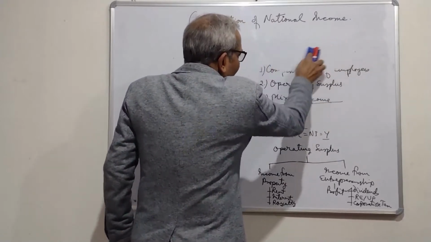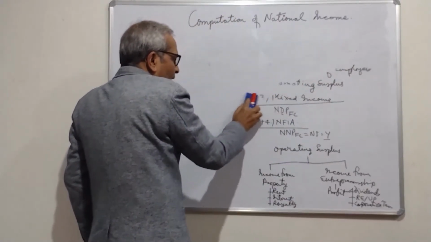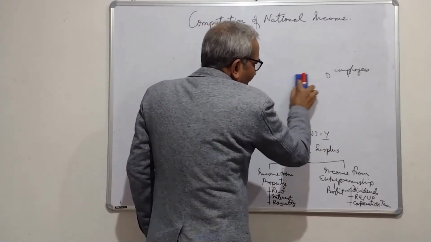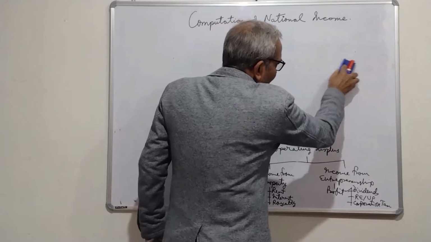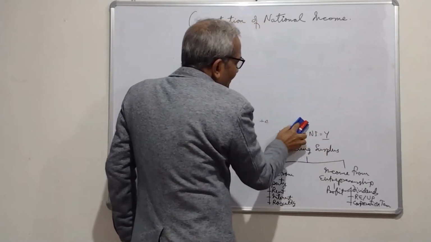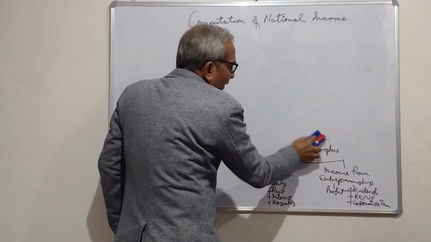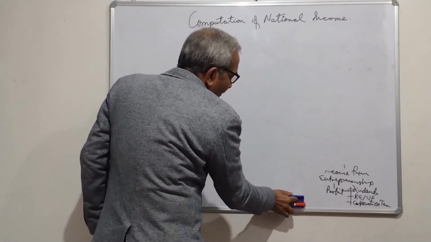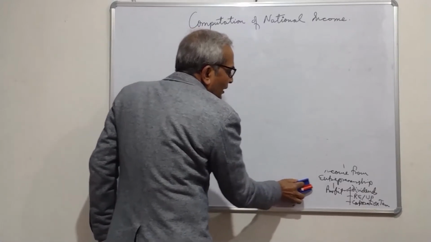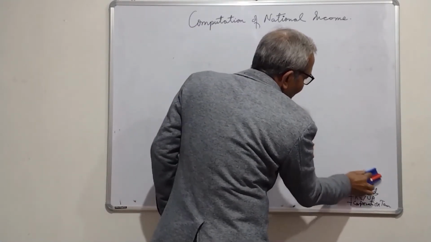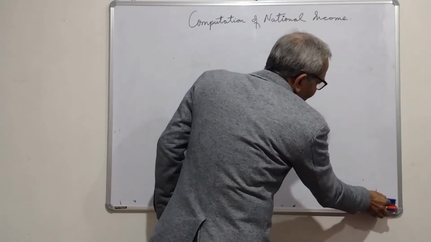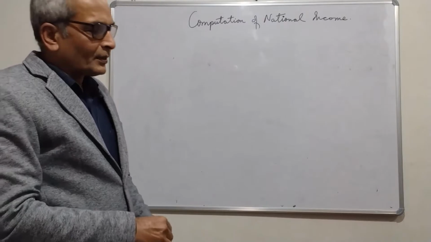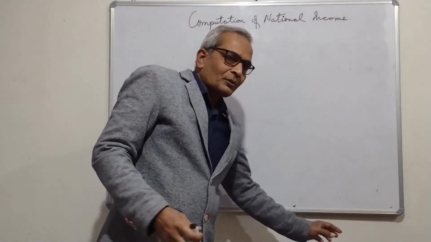While calculating national income, you might recall we don't take into account the intermediate consumption. Why? That we will see when we will be seeing the value added method. In expenditure method, we incur expenditure on consumption goods as well as capital goods. So we take into account the consumption goods and capital goods.